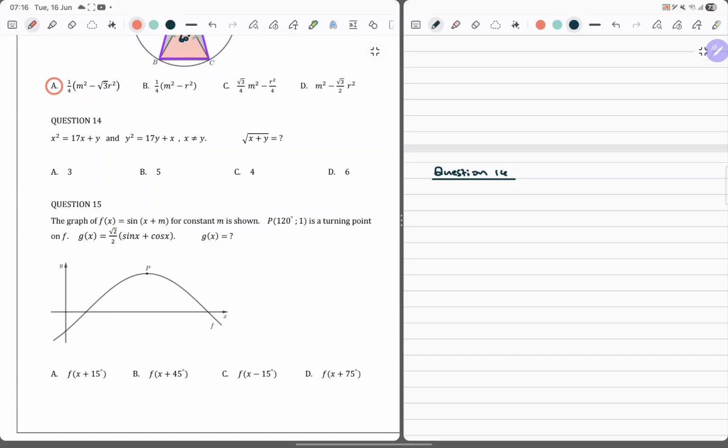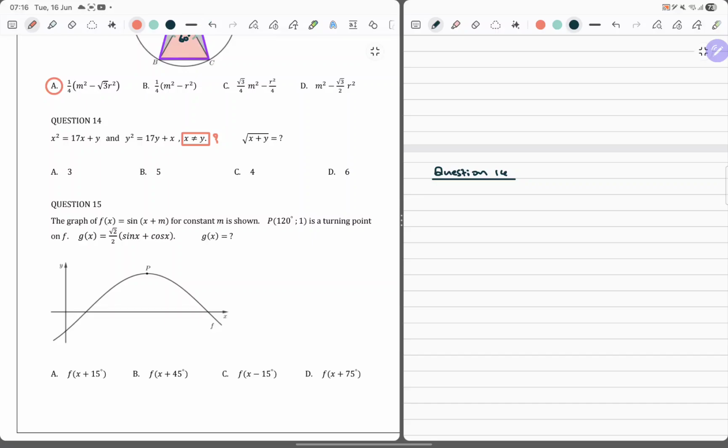So question 14 says x squared is equal to 17x plus y. y squared is equal to 17y plus x, where x is not equal to y. So we don't know why this is being put. We will see. Now we need to evaluate the square root of x and y.